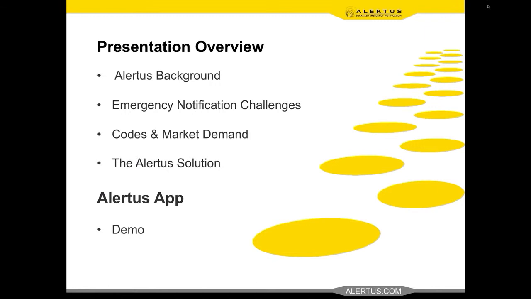And then we're going to get into the Alertus app and a more detailed demonstration of that, and show you how to activate the system here in our demo room using the mobile app.